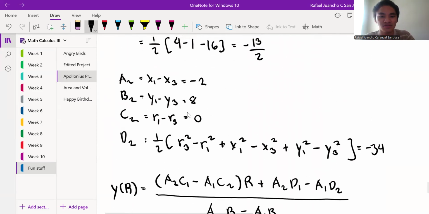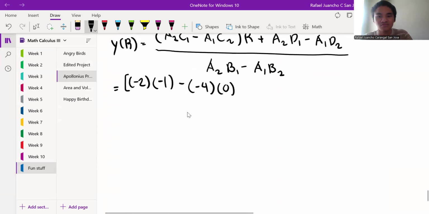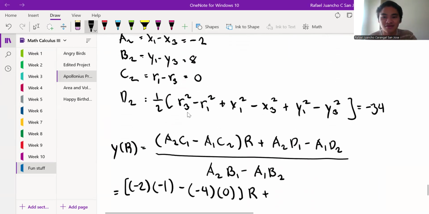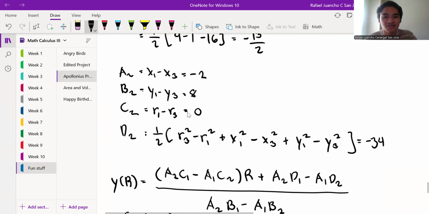C2 is 0. R. Okay. Now this might be an issue because my R will not be canceled unless something happens, right? We can't really tell, to be honest, or I can't tell at least.